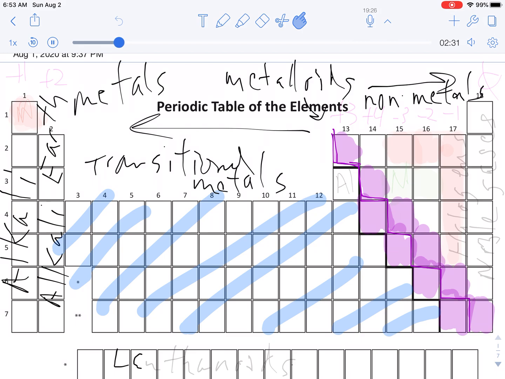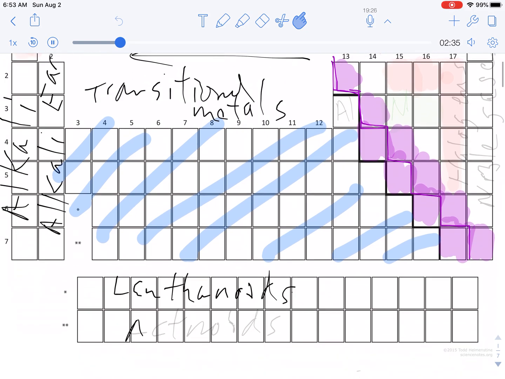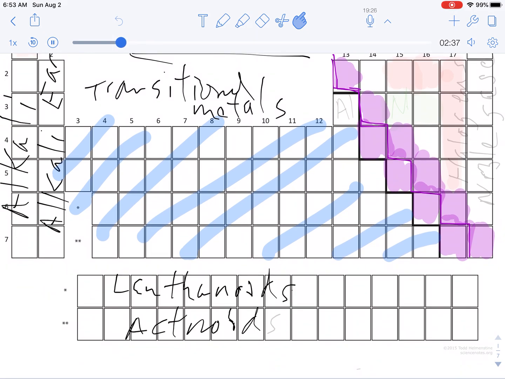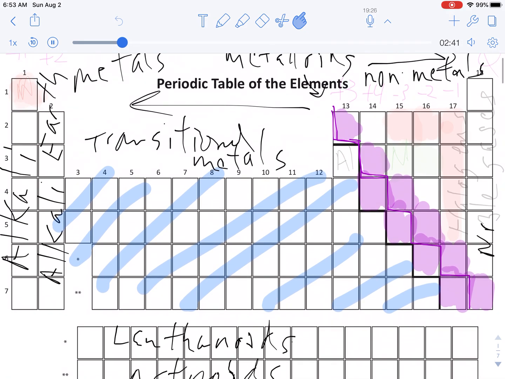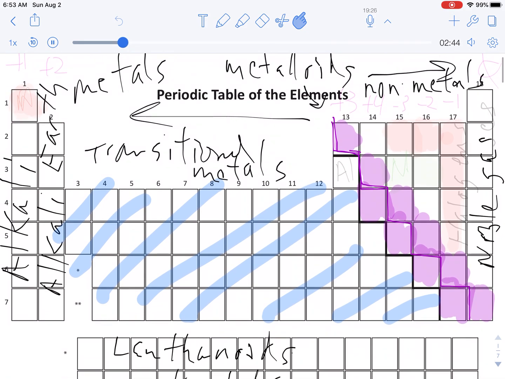These are the lanthanides, or the lanthanoids. These are the actinoids. And in the very last column are called the noble gases. And these are the halogens.